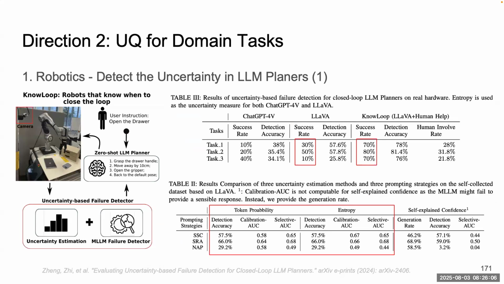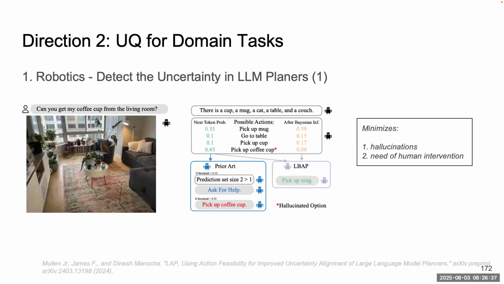You can think of it as involving humans in the loop very actively if your threshold is not cutting well, right? But people also acknowledge that if you directly put the description of the image and the description of the subtask into the language model, it gives you certain uncertainty, but it's not grounded in the input. So this is the reason why people are doing this kind of task.